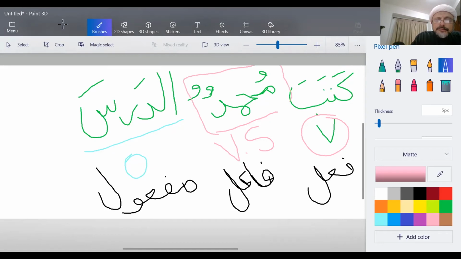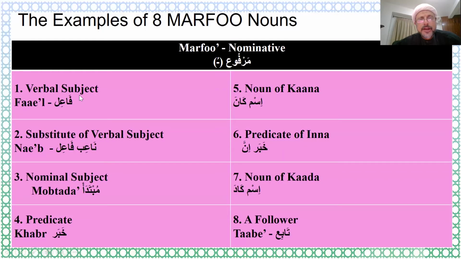Fa'il. If we go back to our slide, we will see the first one done, fa'il. Now we come to na'ib fa'il. What is na'ib fa'il?